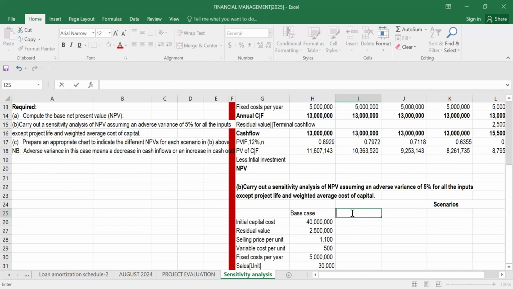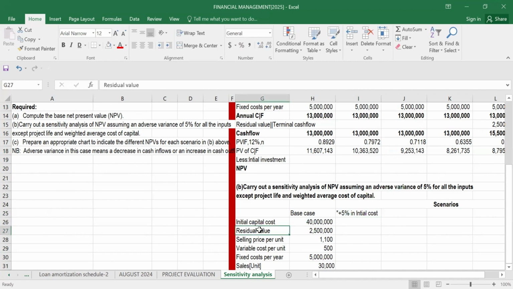To avoid that, always start by typing a comma, this one. You type that, then say 5% increase in initial costs. Yes, so that will be the first scenario.